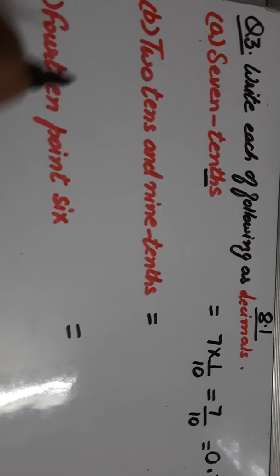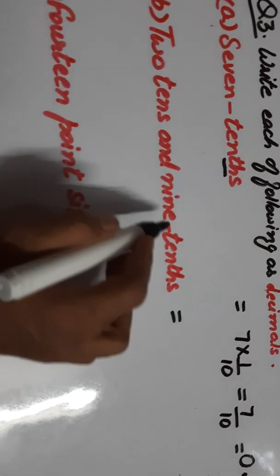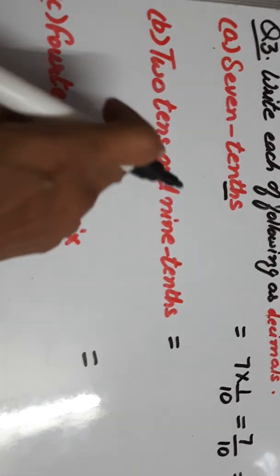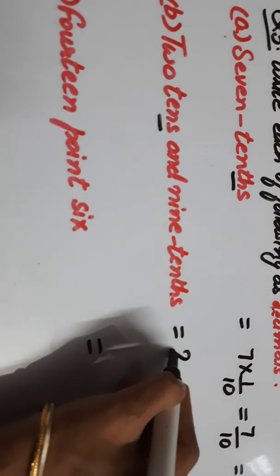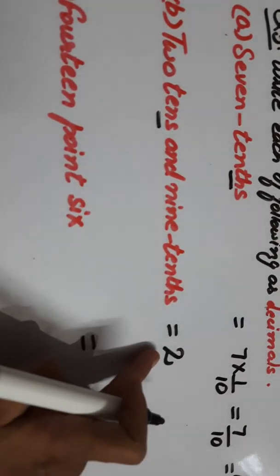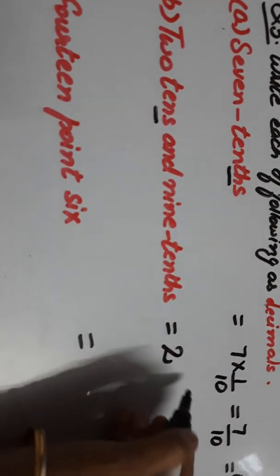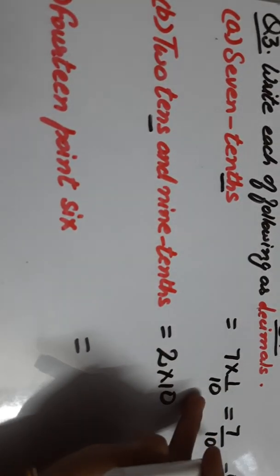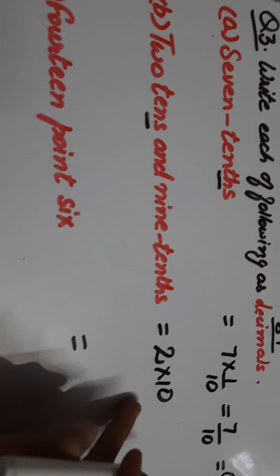Now B part, 2 tens and 9 tenth. Here the word tens is there, with S, not TH. So for 2 we'll write the numeric value 2. For tens, we know 10. For tenth we will take 1 by 10, and for tens we will take 10.